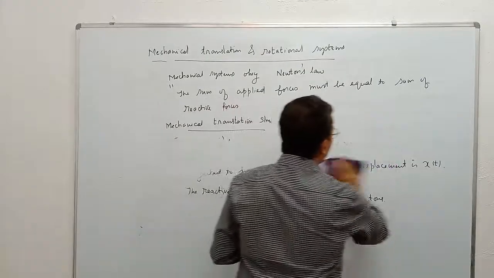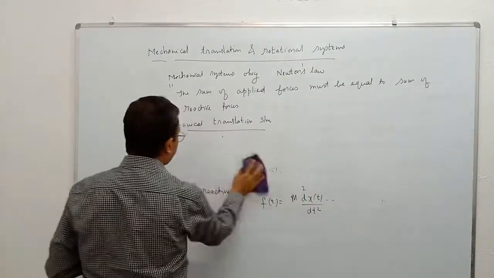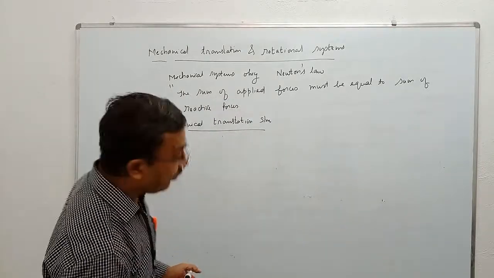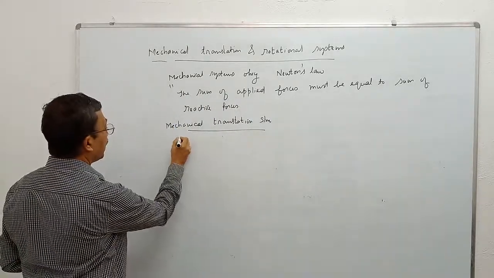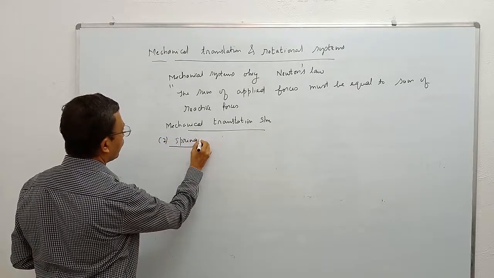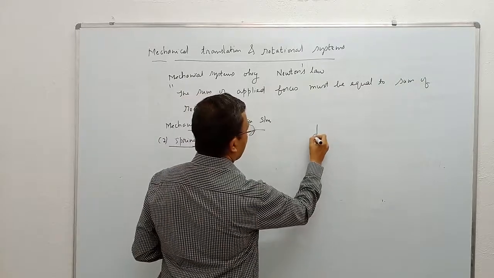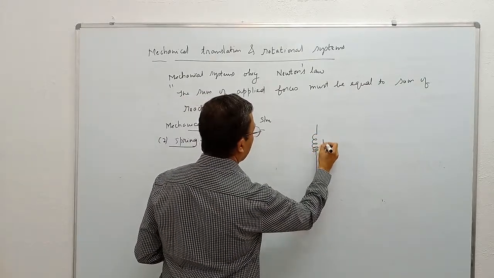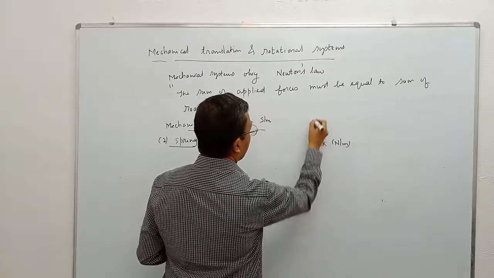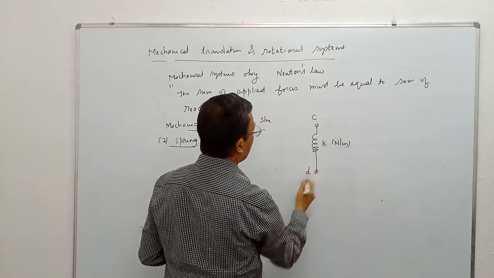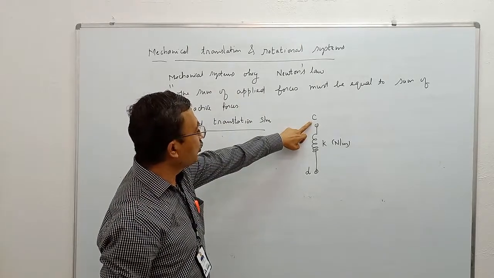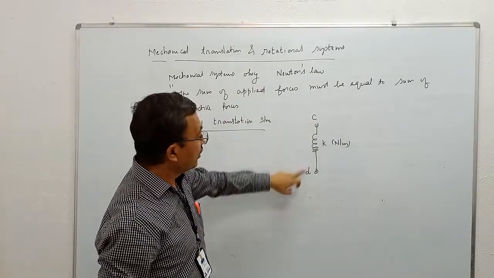Next translation element I am going to take is spring. Let us take a spring having stiffness K, newtons per meter. These are the ends of the spring denoted by C and D. C has a displacement of position equal to xc.